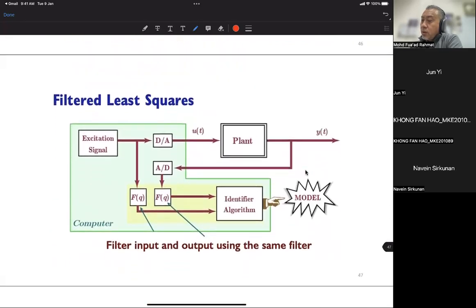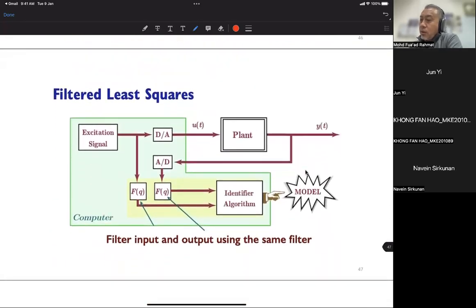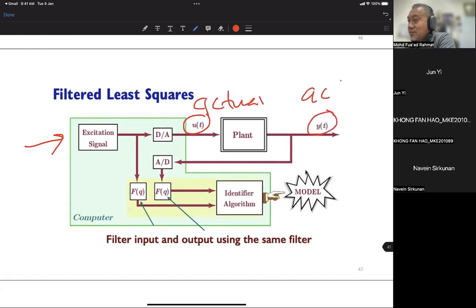So the filtered least square is shown here, where you have the input signal, or we call it the excitation signal, connected to the digital to analog converter, and then it goes to the plant. This one is the actual, real one. Then it goes to the analog to digital converter, and then to the filter for input and output using the same filter.